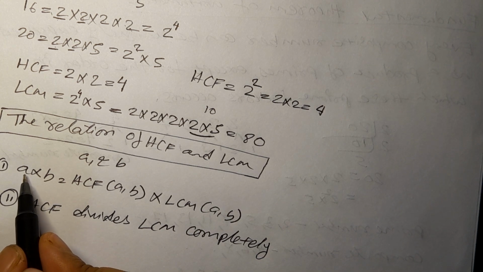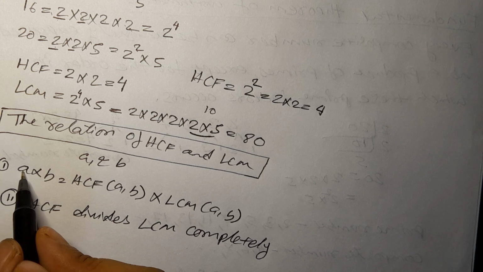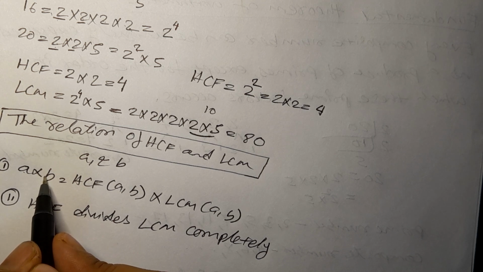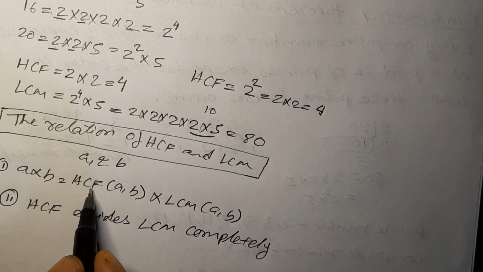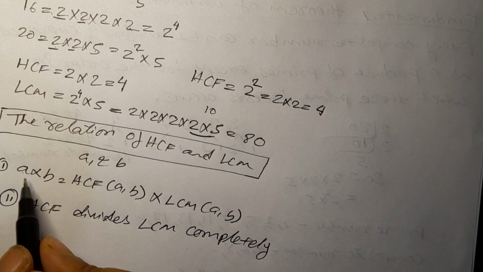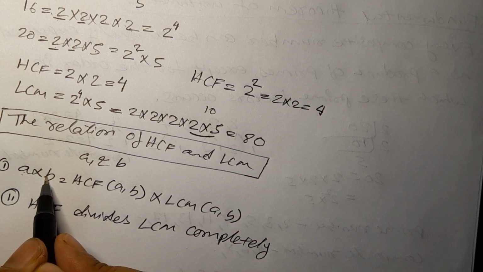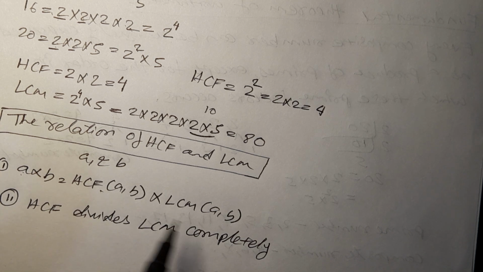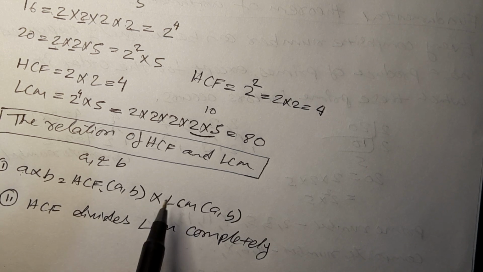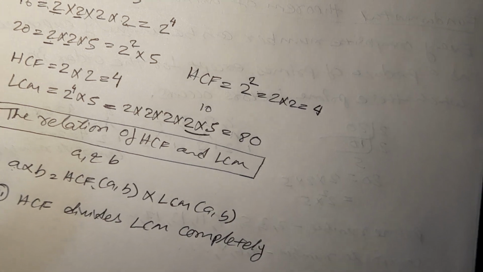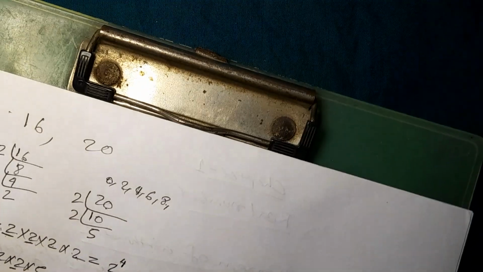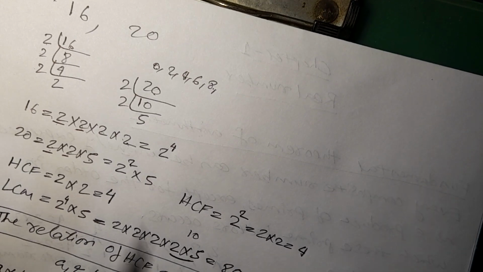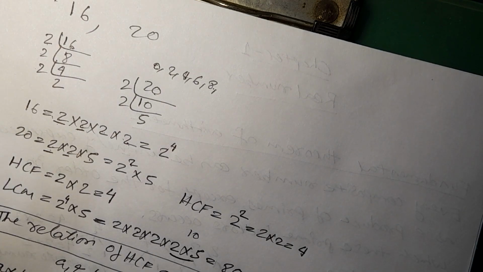So we come to know that the product of the 2 numbers, for which we find the LCM and the HCF, if we multiply those 2 numbers, that result will also be equal to the HCF into LCM of those numbers. We already took the example of 16 and 20, so I'm going to complete with this example only.